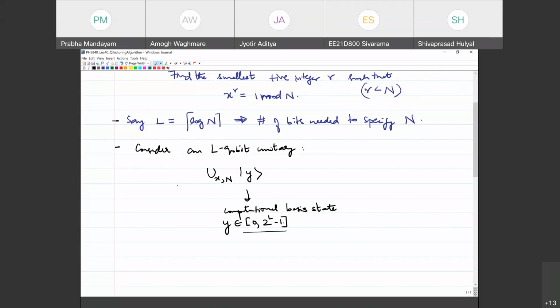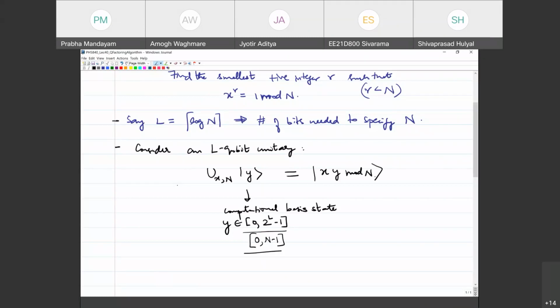In other words, it lies between 0 and N minus 1. What this is going to do is multiply each label y with x, and this multiplication is carried out modulo N.